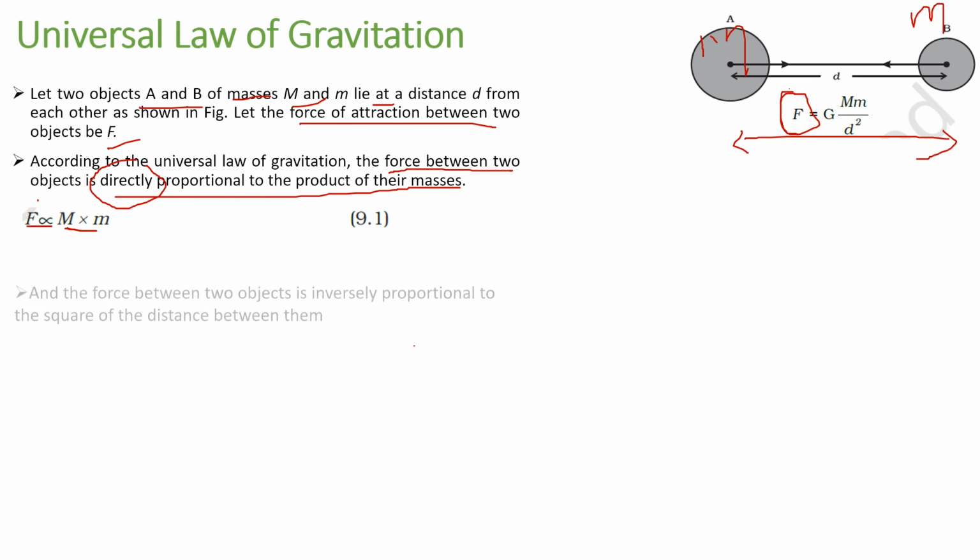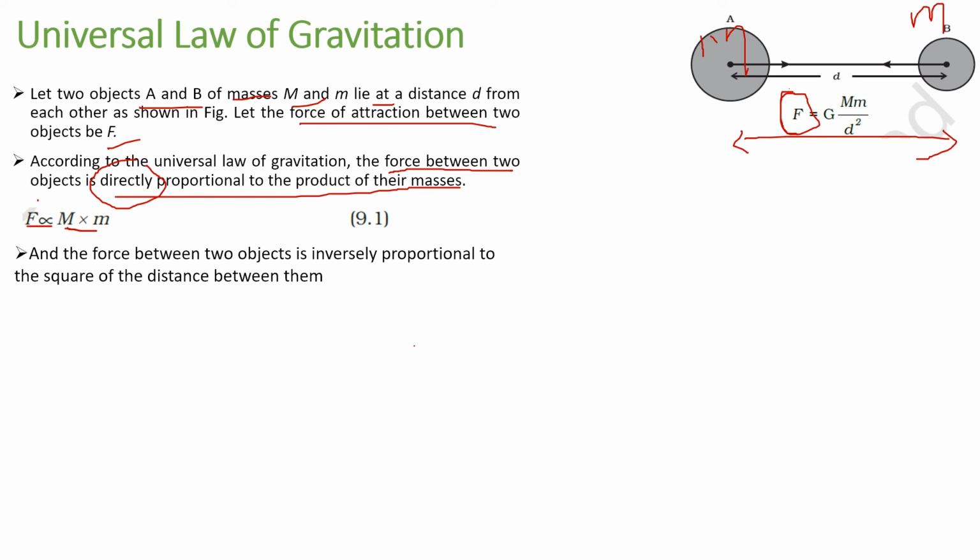The law also states that the force between the two objects is inversely proportional to the square of the distance. So how do you write it? F is inversely proportional to d square, or F is proportional to 1 by d square. We can say it both ways.